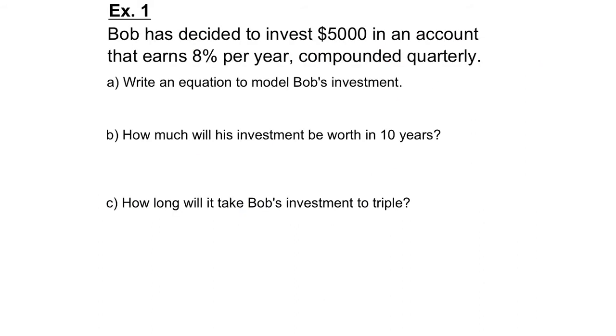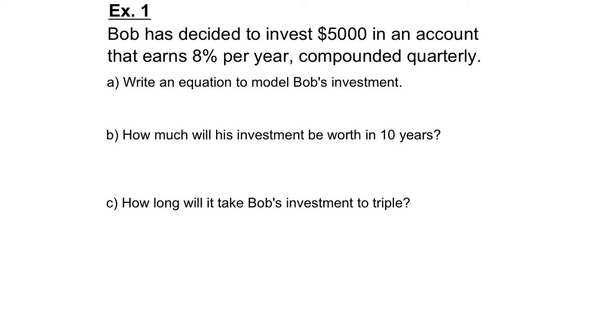Okay, so my very first example deals with financial math, just like in the warm-up. Bob has decided to invest $5,000 in an account that earns 8% per year compounded quarterly. So there's that compound interest again. Write an equation to model Bob's investment. Okay, so I gave you the compound interest formula in the warm-up that you would have learned in grade 11.